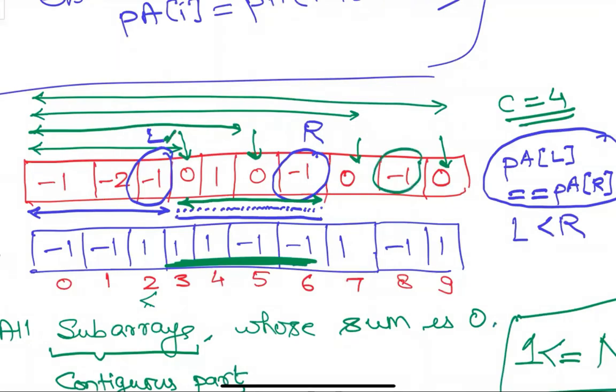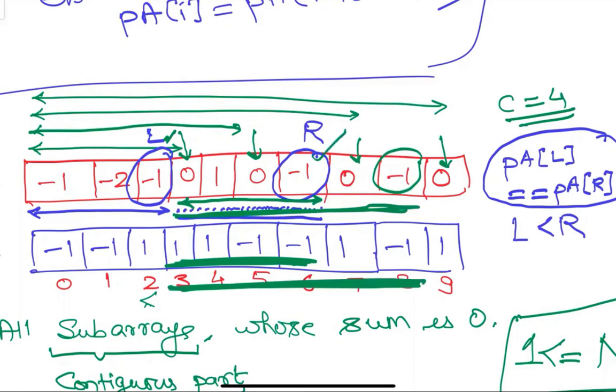If you look at this subarray up to here, what is the sum? 0. That is also 0. You saw a -1 here, and a -1 here again. That means in between, whatever numbers came, what is the sum of them? That is also 0.